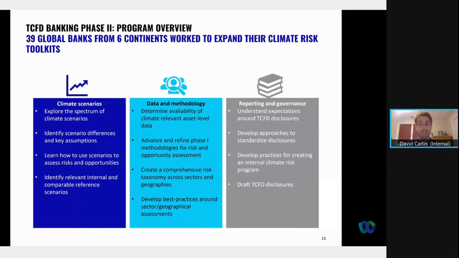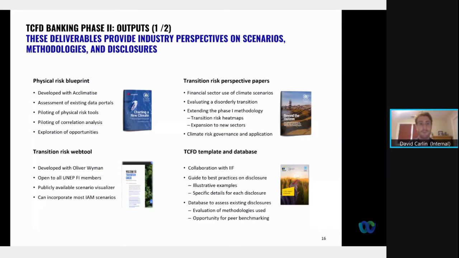So if we go to the next page, we can see a few of those outputs. Specifically, on the physical risk side, we developed a blueprint for the assessment of physical risk and also specific strategies for looking at transitions and opportunities and understanding how those opportunities themselves can be produced.